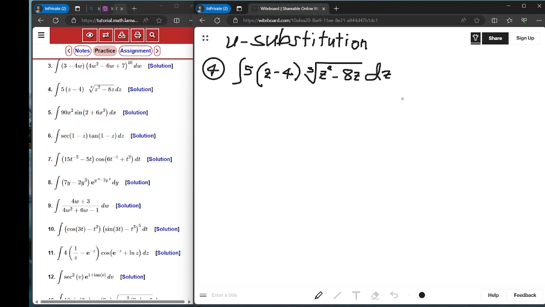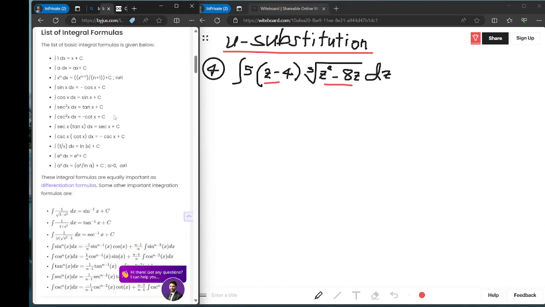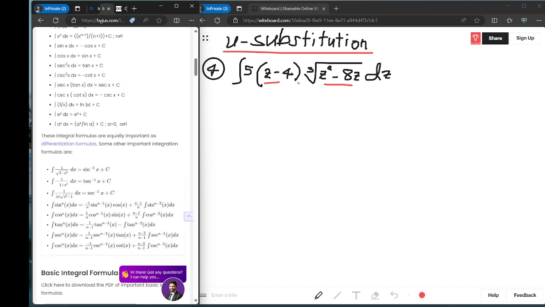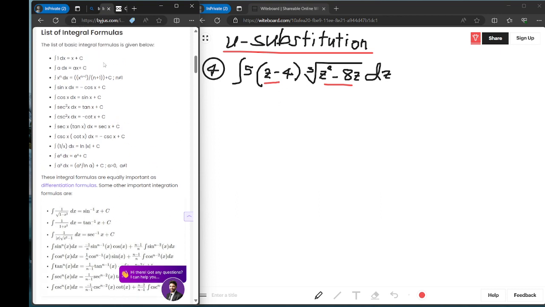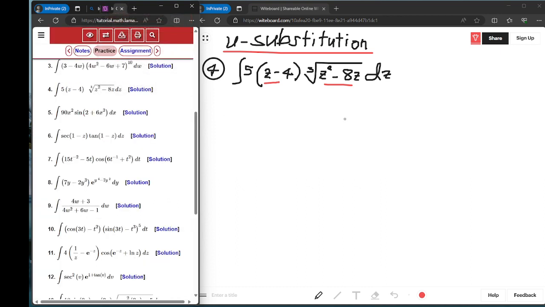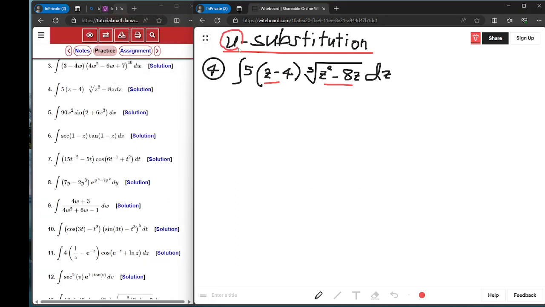Again, u-substitution is used when it is difficult for us to integrate these terms using the integral formulas given by Byju's. Here we cannot see any possible integral formula, so we will use a different variable, called u, to temporarily substitute these terms.